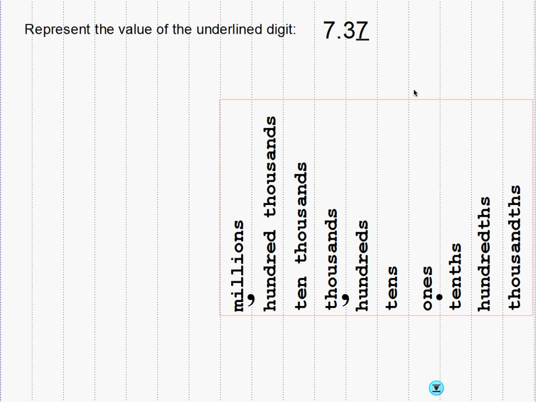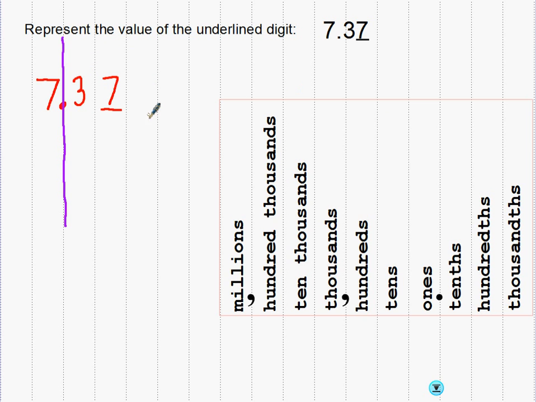Let's copy our number over between the columns, and let's draw a line through our decimal point. Remember, we do that to help us understand everything on the left side is on the whole number side. Everything on the right side are decimal places. This all represents something that's less than 1 whole.